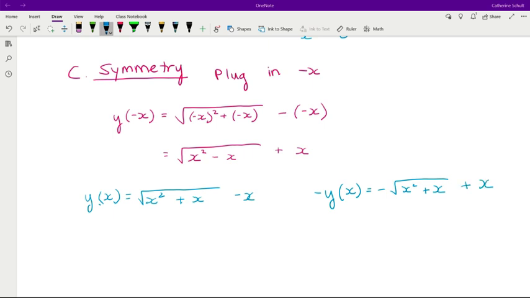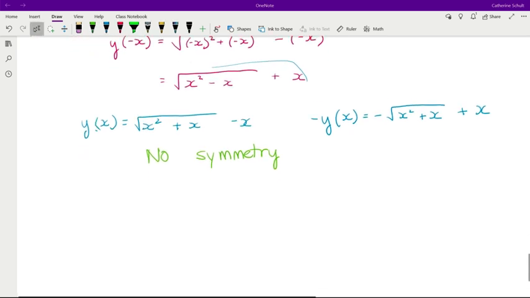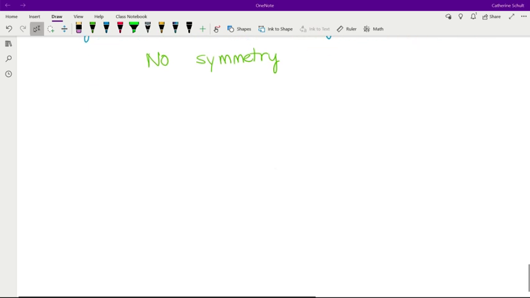And notice that this expression is not y of x, and it's not negative y of x. So what can we conclude? There's no symmetry. And definitely no translation symmetry, because our function values aren't going to repeat at some point like our trig functions do. We're not racing around a circle like our trig functions. All right, so there you go. No symmetry for part C.